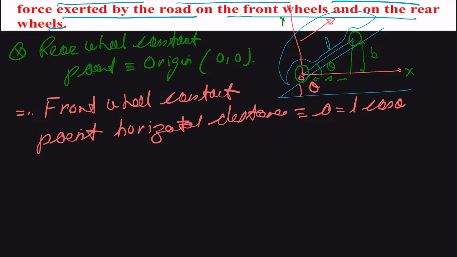Therefore we can say that our A will be equal to 0.08 cos of 30, and that will be square root of 3 by 2, so we can say that will be equal to 0.04 times square root of 3.